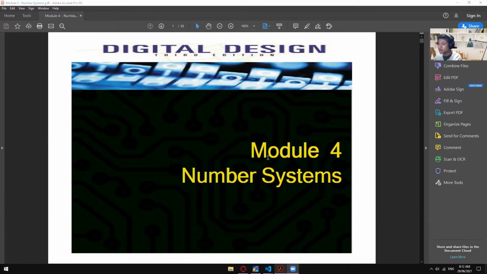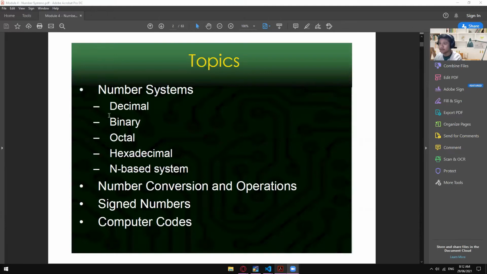The topic for today is Module 4, number systems. In here, we're going to talk about the types of number systems. As you can see, we have five. The first one is decimal, second is binary, third is octal, then hexadecimal, and then the n-based system. Maybe you have already heard about binary, decimal, octal, or hexadecimal.